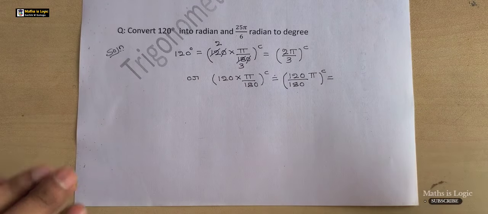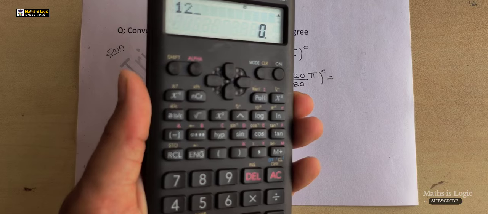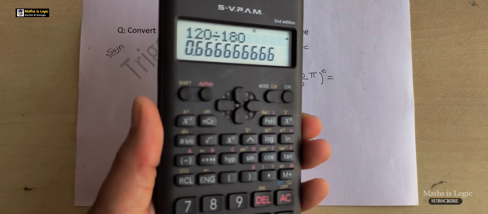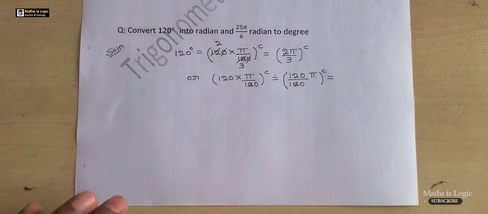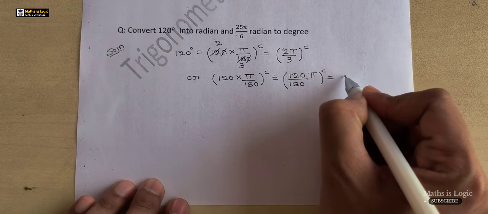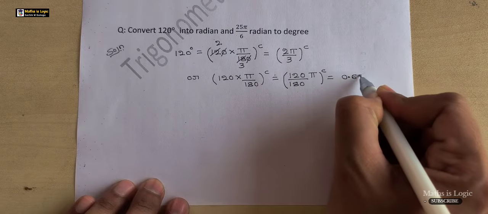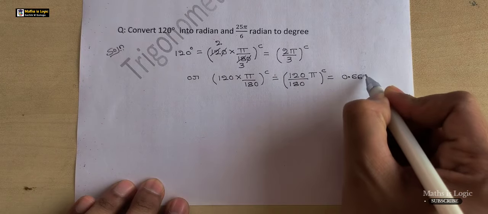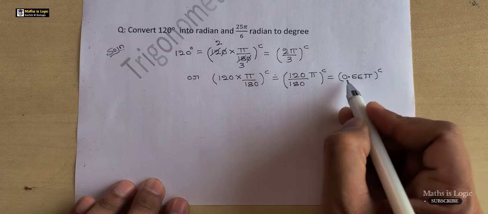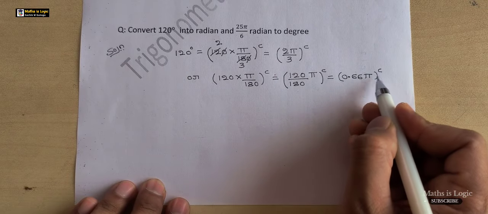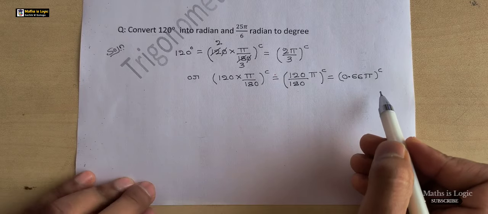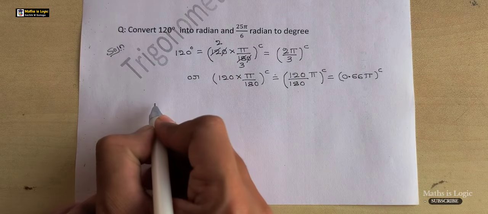Now use the calculator. 120 divided by 180, what I am getting? 0.66. This pi I am going to keep it as it is. Therefore what is the final answer? 0.66 pi radian. This is also correct.